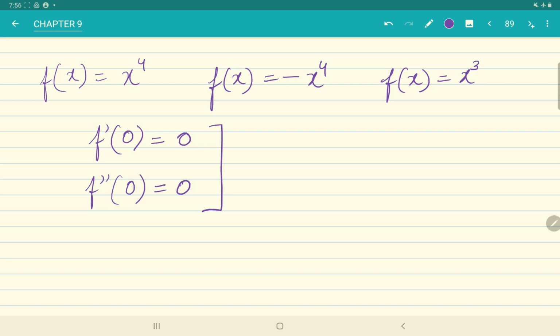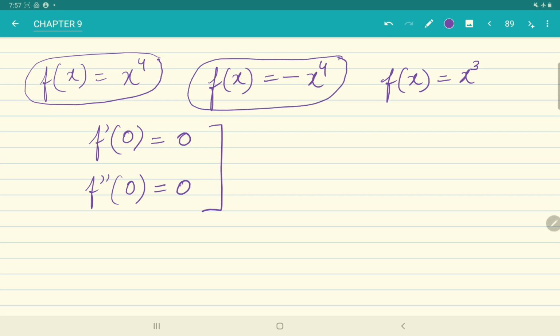But at x equal to 0, for the first, x equal to 0 is a local minimum point. In fact, it's also a global minimum point. Here, in the second case, x equal to 0 is a local maximum point, and a global maximum point also.